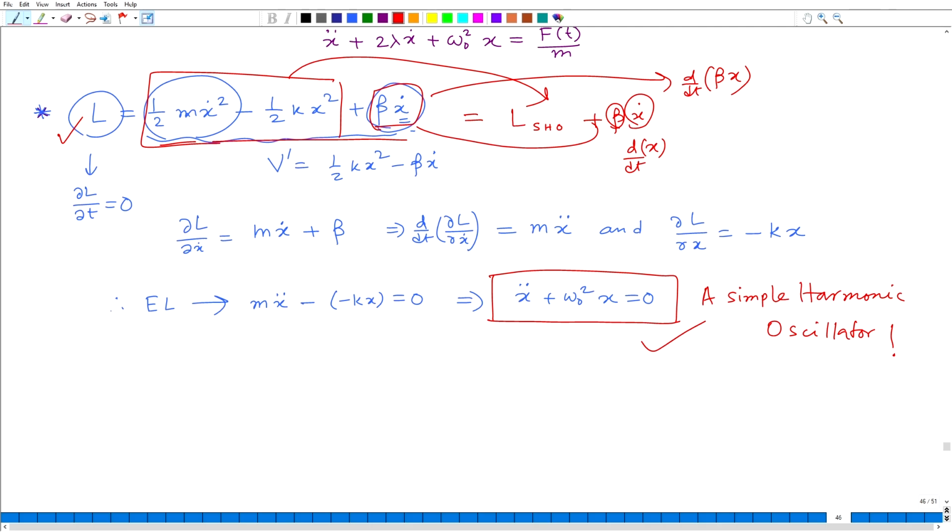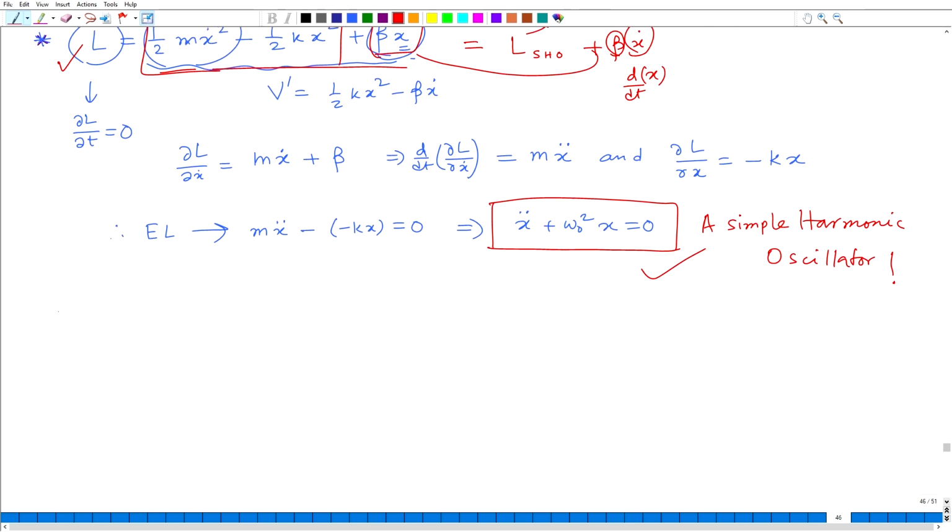Finally, before wrapping this lecture up, I will give you another important but interesting example. That is, I have a Lagrangian now: half m x dot square minus half k x square plus, let us say, alpha t cube by 3. Now, you see what will be your observation?